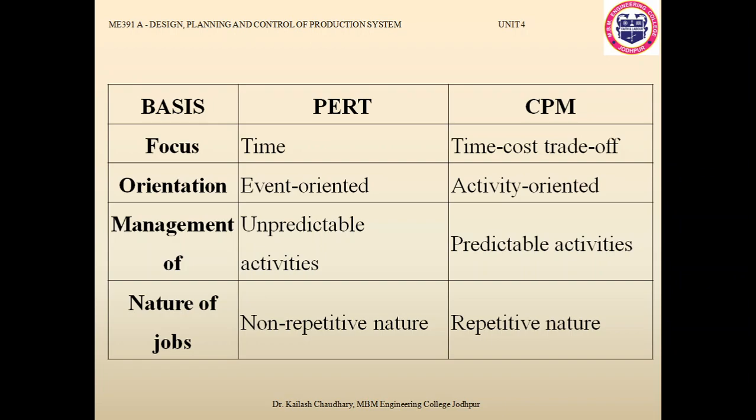While PERT is oriented to the event, CPM is activity oriented. You consider unpredictable activities in PERT, while CPM is used for predictable activities. In PERT, the jobs are non-repetitive in nature, while in CPM you get repetitive jobs.